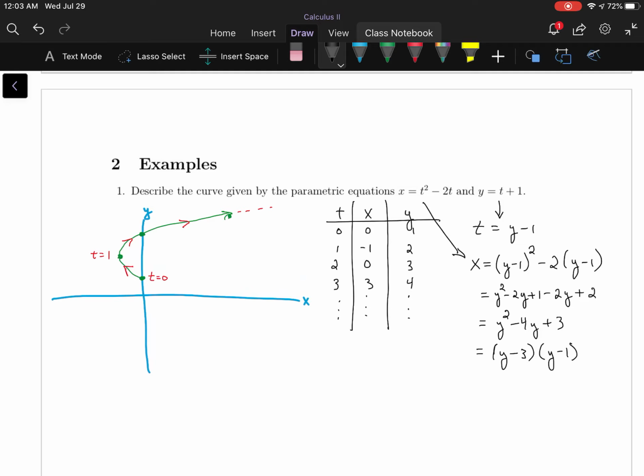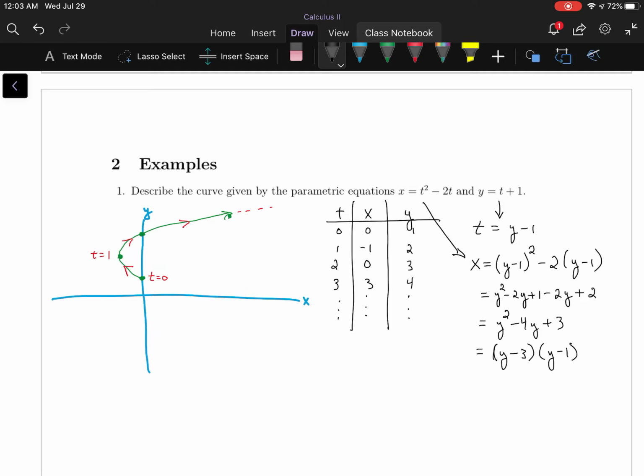It's not really necessary to do that, but it can be helpful if you wanted to find y and x intercepts. And so you can always do that and see that we get the points (0, 1) and (0, 3). So when x is 0, y can be 1 or 3. And when y is 0, you're going to get that x is 3.